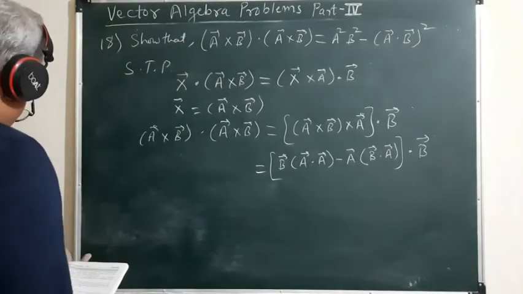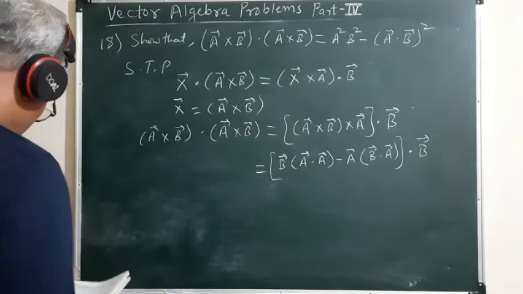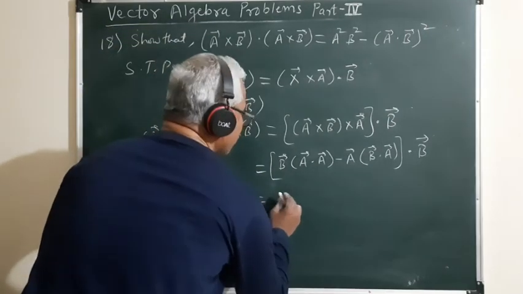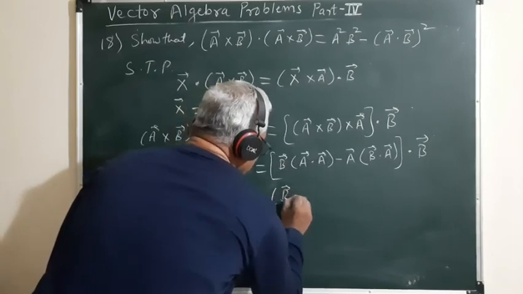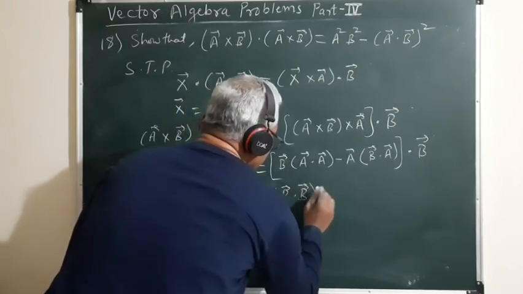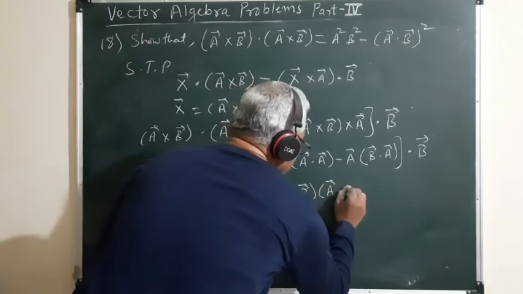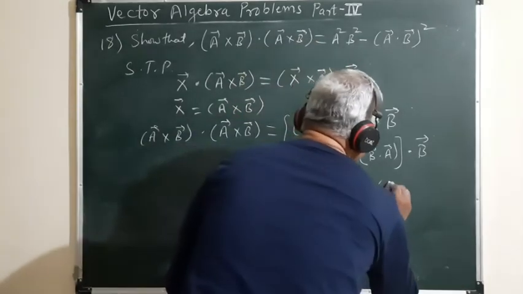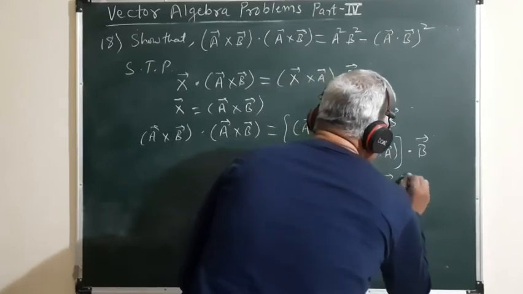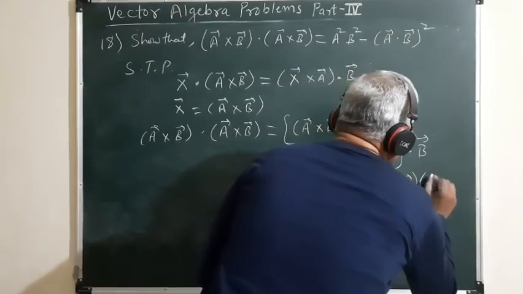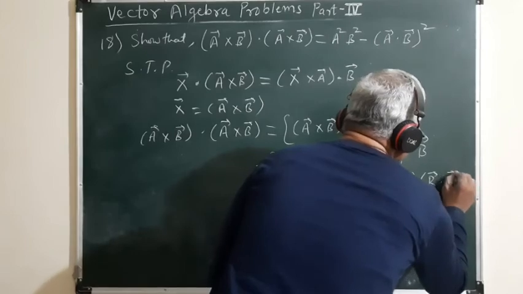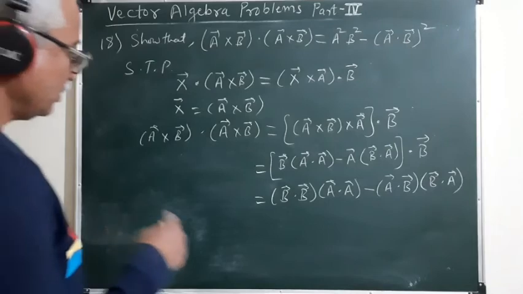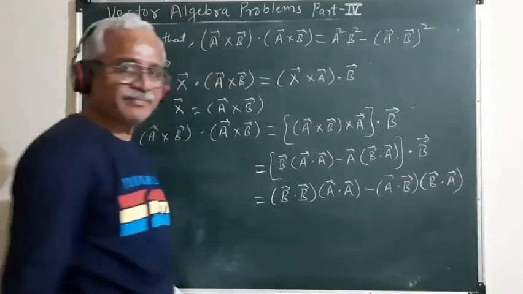So now if we evaluate this product, this is nothing but equal to b bar dot b bar into a bar dot a bar, minus a bar dot b bar into b bar dot a bar. So, what is b bar dot b bar?